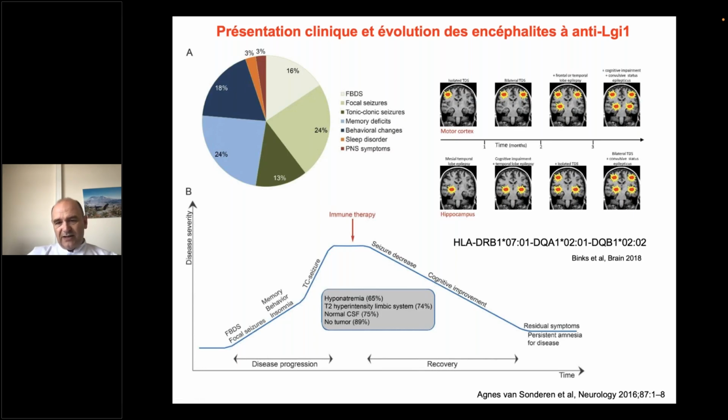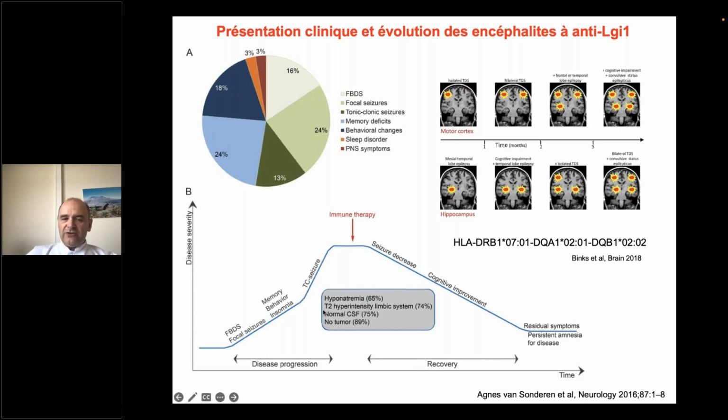And so it's an encephalitis. There is a presence of autoantibodies and abnormal specific HLA haplotype, DRB1*0701. So many arguments to think that it's autoimmune, but no CSF inflammation.